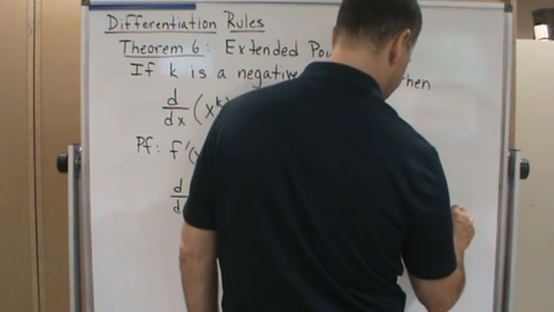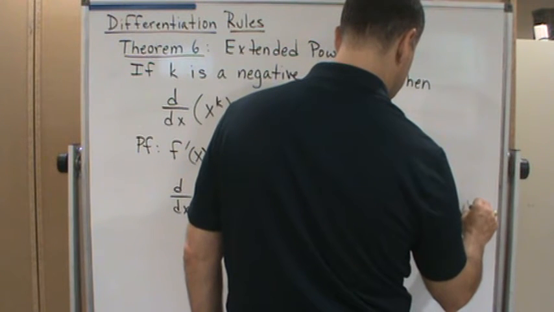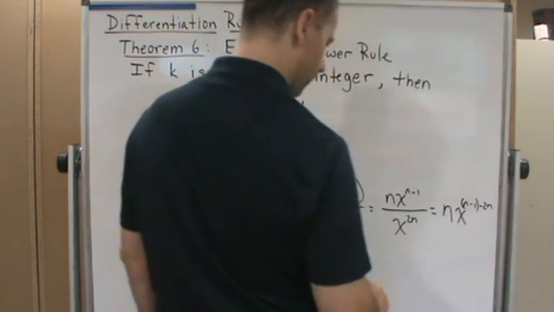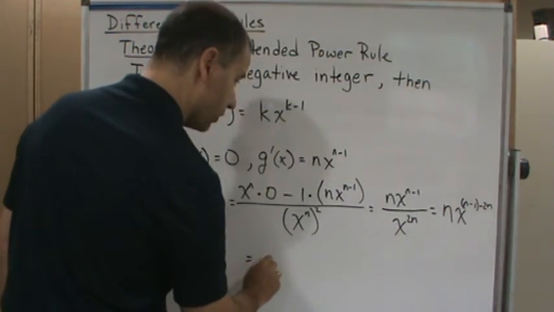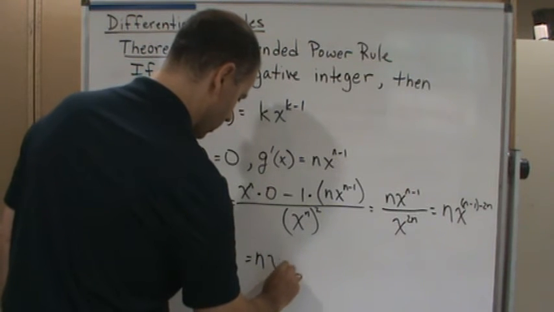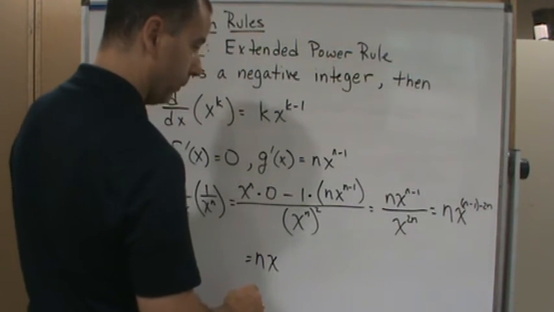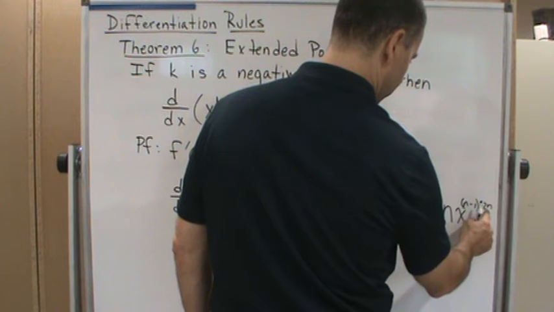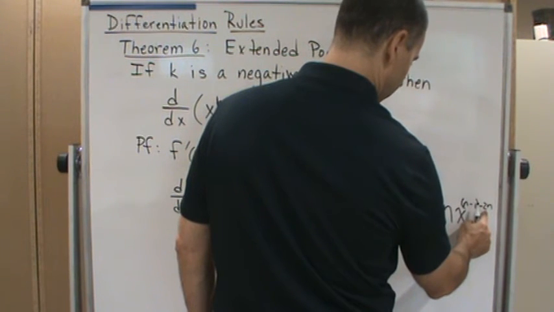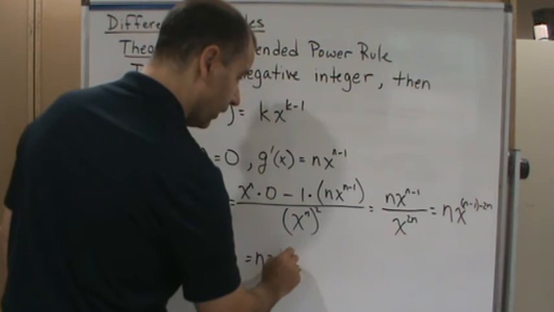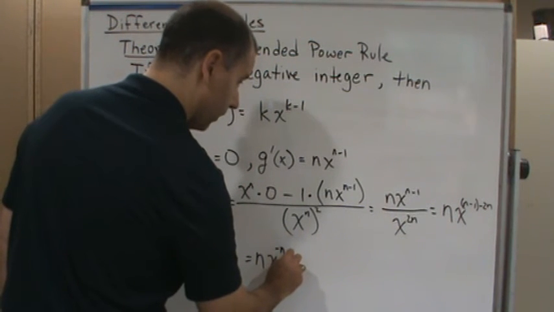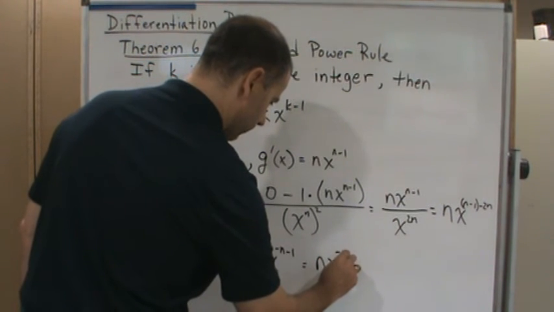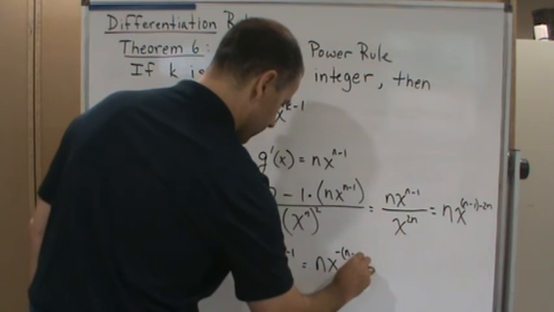So this becomes n times x to the n minus 1 minus 2n, which is x to the n minus 2n minus 1, which gives us x to the negative n minus 1.